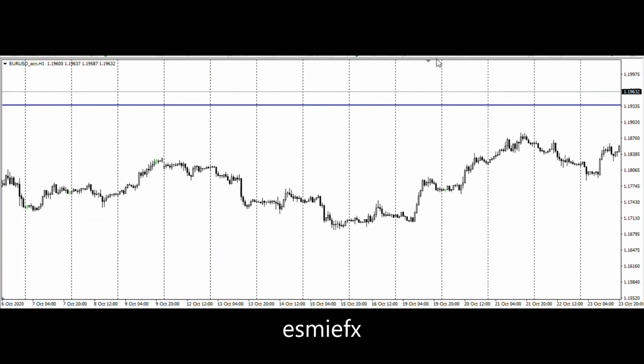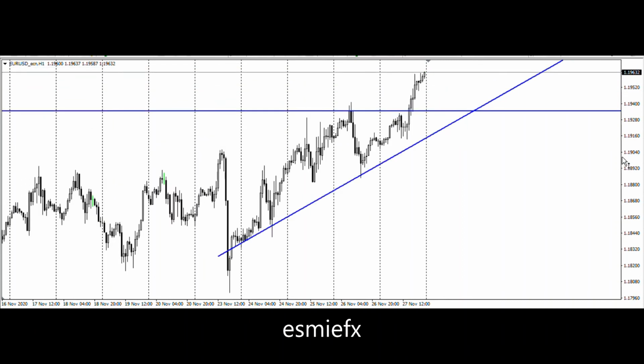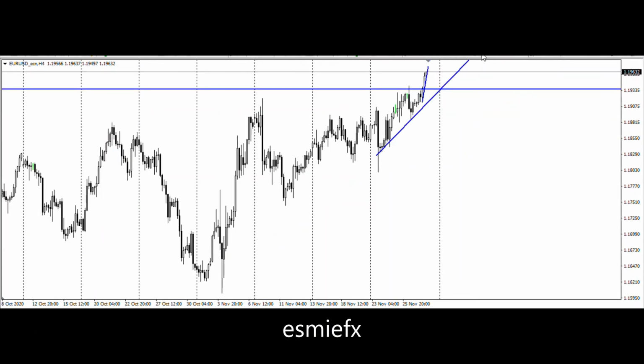If we go to 1 hour, see how it's unfolding. There's a steep move going up, so I would anticipate some retracement at some point. It's quite steep.